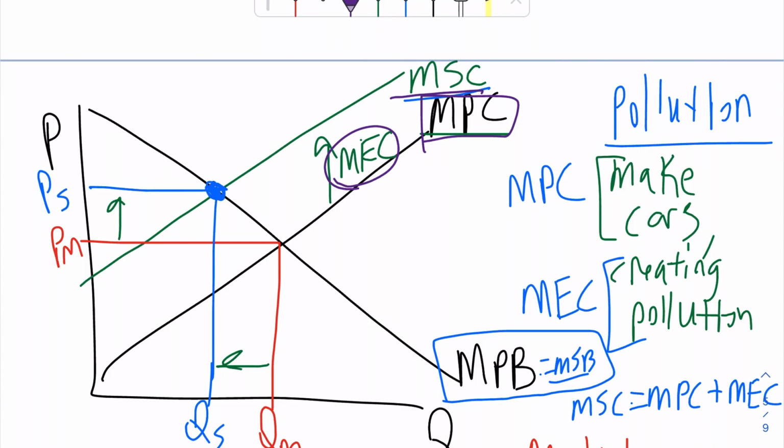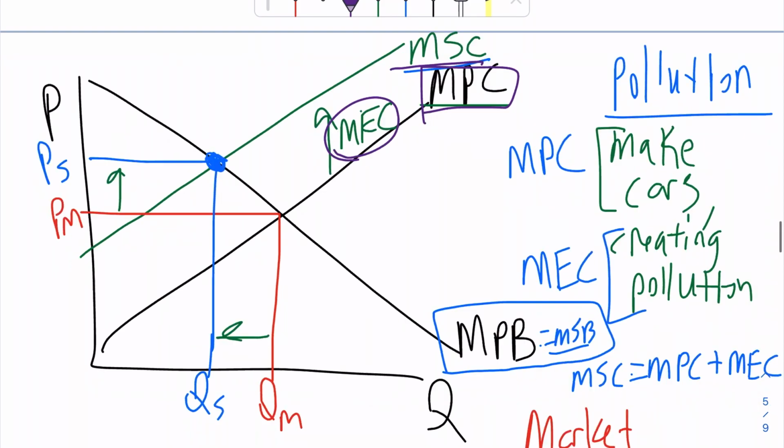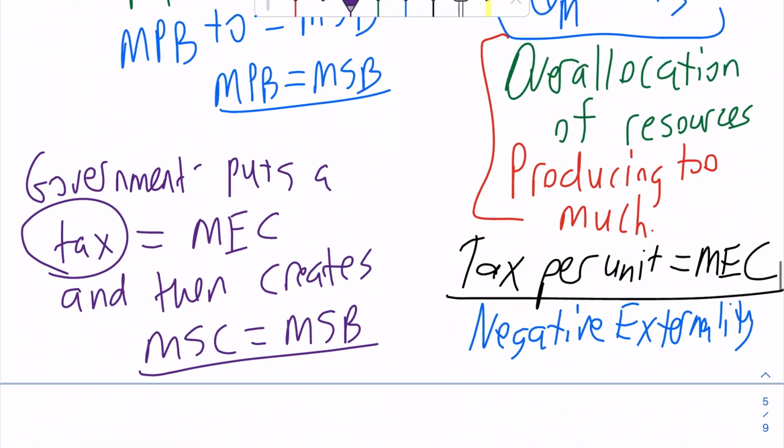As you can see here, your market is currently over allocating. You're making too much production and you need to make less. How can you make less? The government puts a tax on the market, and the tax is a per unit tax. Per unit because for every quantity, you're going to need a tax, and that's going to be equal to the marginal external cost.